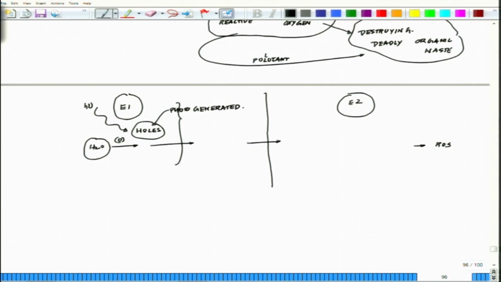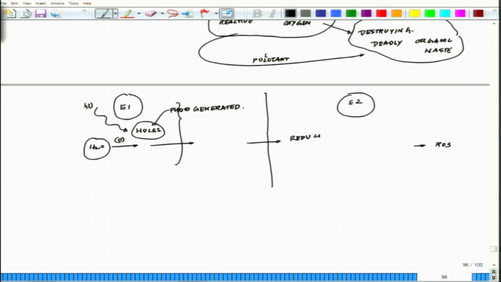These photo-generated holes lead to the oxidation of the water, and the second event involves reduction of an electron acceptor, which is typically dissolved oxygen.